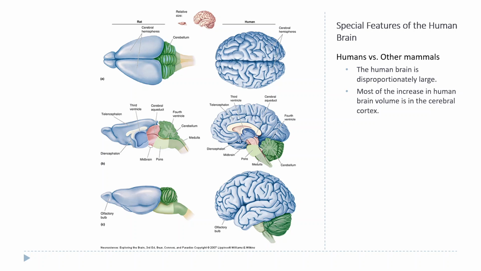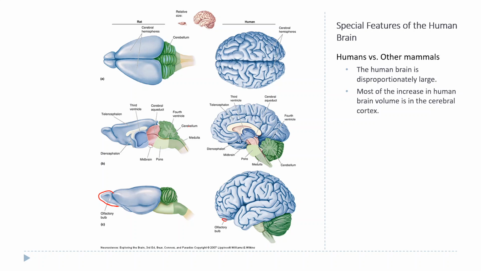And in fact, the only thing that really is disproportionately small in the human brain that's obvious from the outside is the olfactory bulbs. Again, the olfactory bulbs are these big structures on the anterior end of the rat brain, and most other mammals have a relatively large olfactory bulb compared to humans. For a human, the olfactory bulb is just a little teeny tiny bump on the ventral surface of the brain.